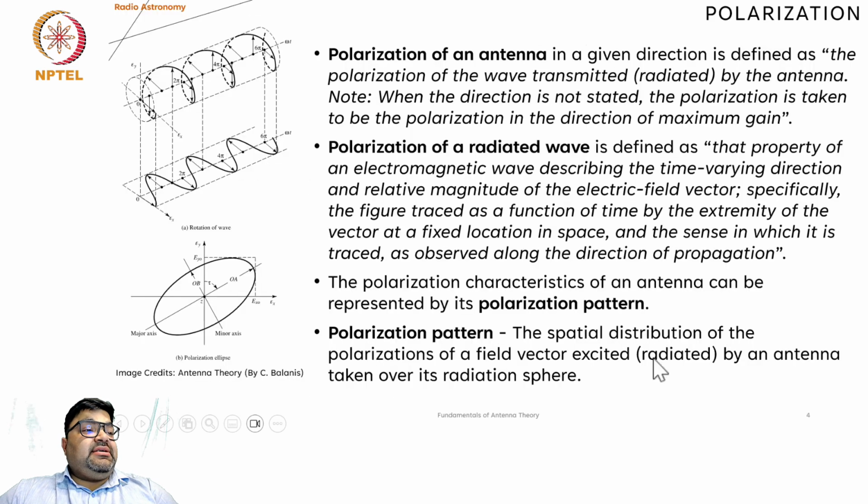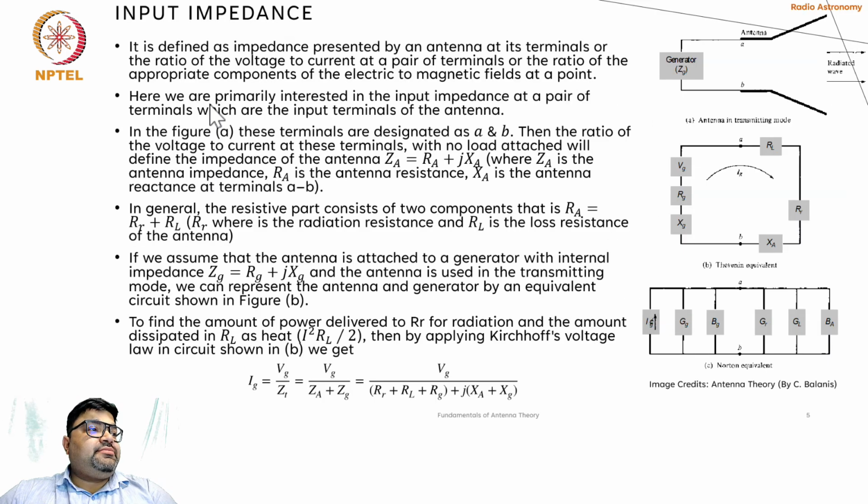So as the wave propagates, the polarization vector will make a motion, and that defines the polarization pattern of the antenna. One thing we have to understand here, and we will talk about it more, is that for radio astronomy, when we are mostly receiving the radiation from the cosmos, the radiation itself can be polarized.